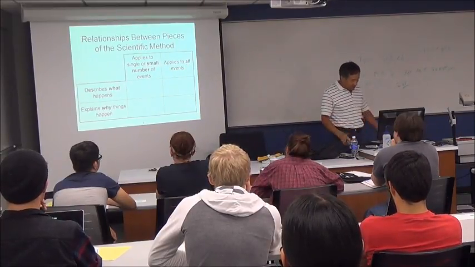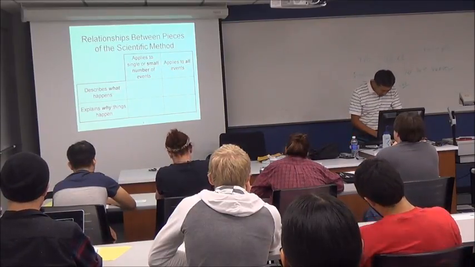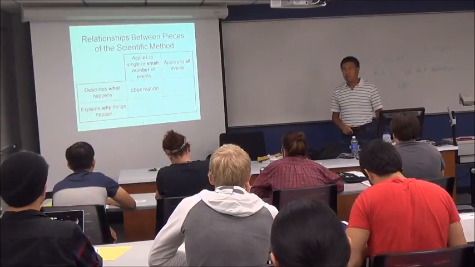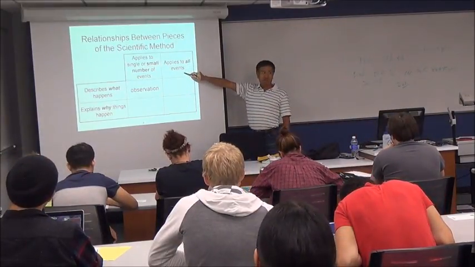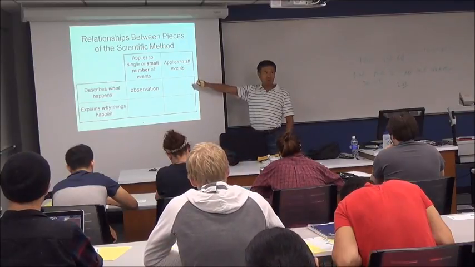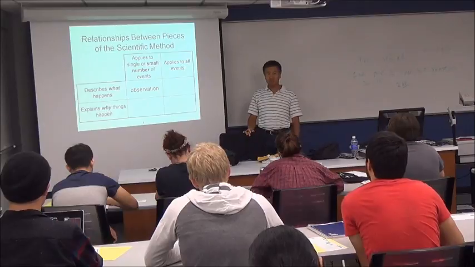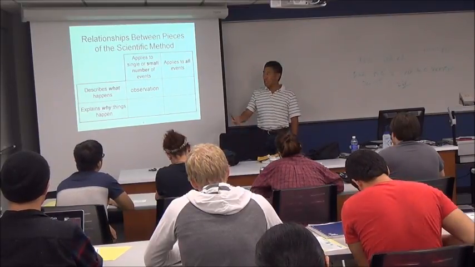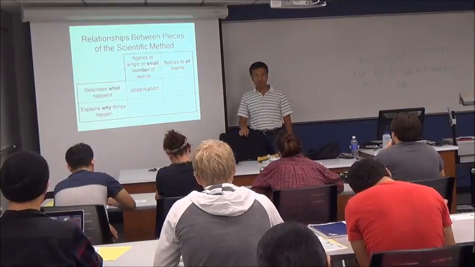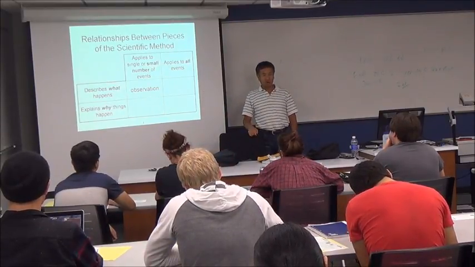And we call that observations. Now this space is for all the events. Maybe that word is overemphasized, because you cannot say all the events, but just many similar events, and it describes what happens. Right? And this is called the law.